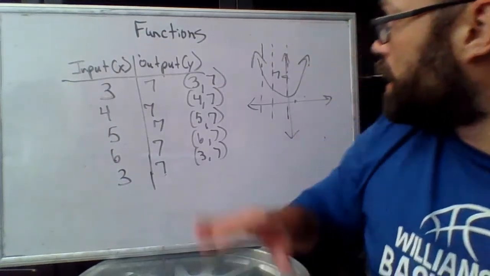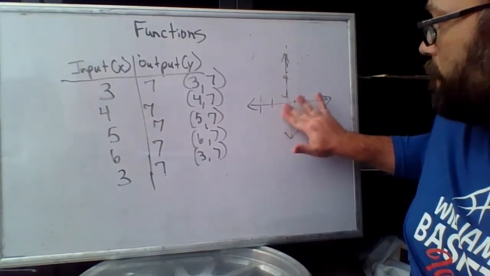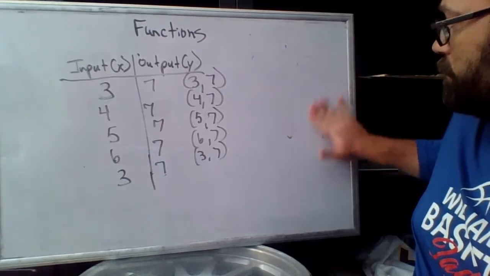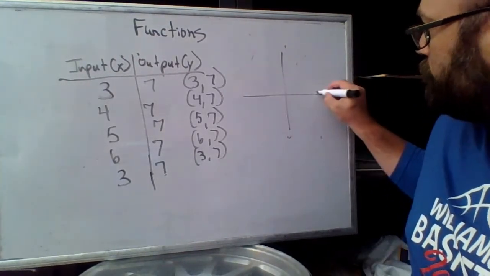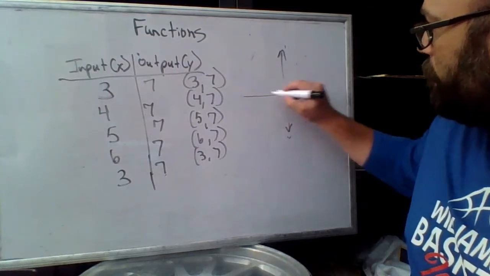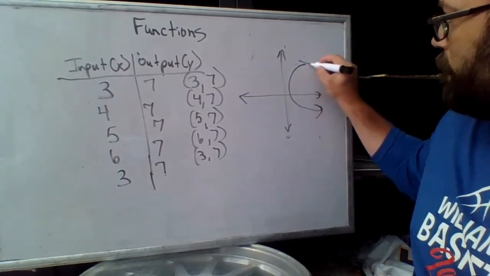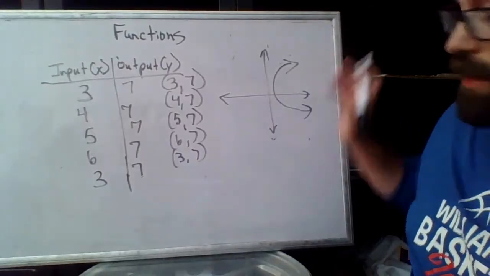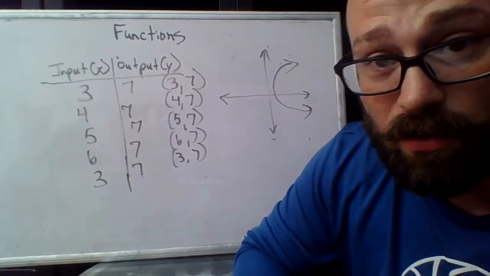We're good. What if, though, we come across something? Let's erase that again and kind of make it again. What if we come across something like this? So a quadratic has been a little bit distorted, translated, rotated.